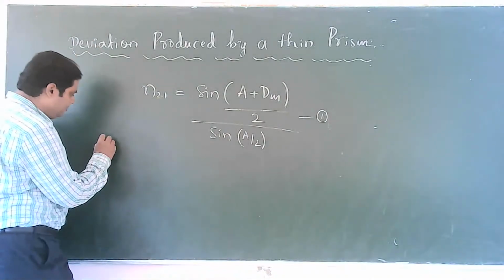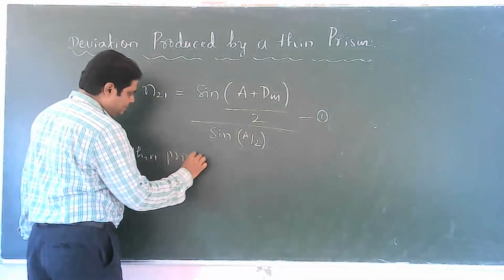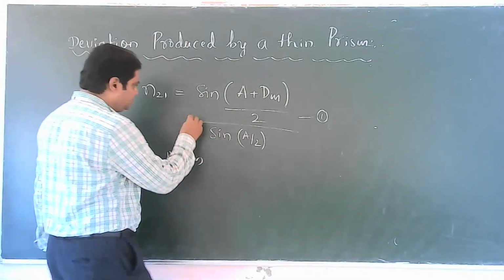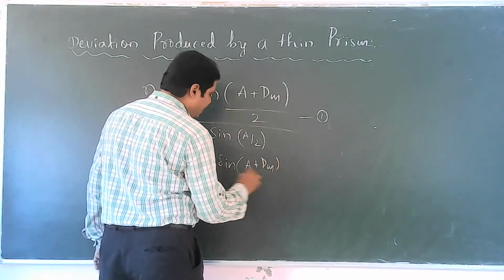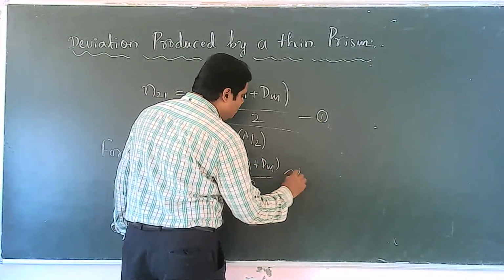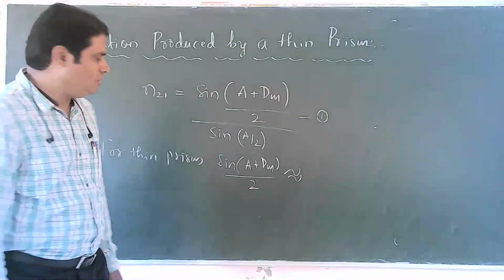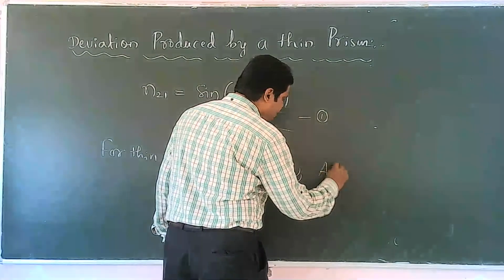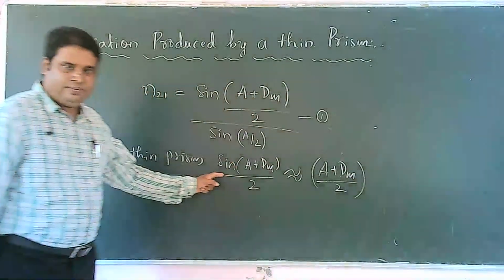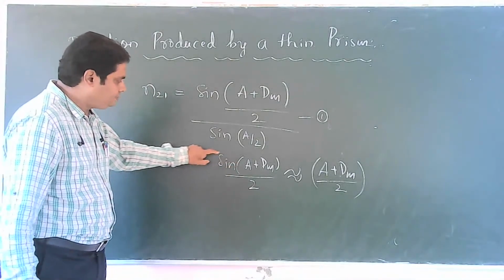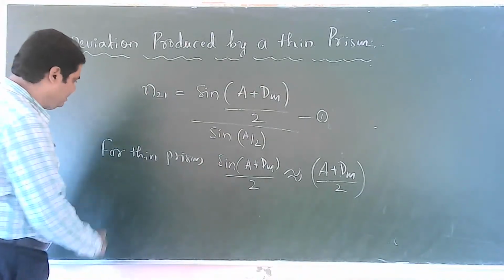For a thin prism, sin of (A plus dm) by 2 is almost equal to (A plus dm) by 2. This is only for a thin prism; I can drop the sine for small angles.